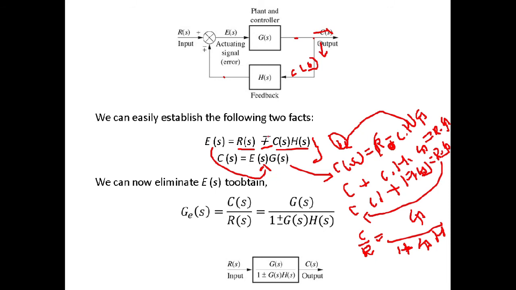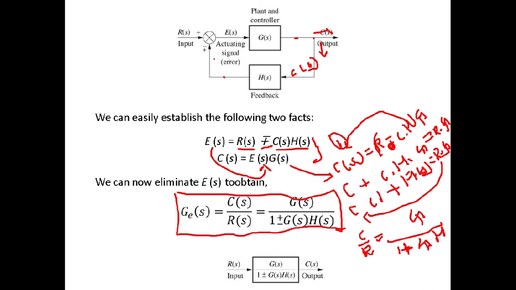So if the feedback is negative feedback, in that case the sign will be positive. If the feedback is positive feedback system, in that case sign will be negative. So this equation you have to keep in mind, that whenever a feedback kind of control system is there, you can see there is a forward direction and another one is feedback direction. So there is a difference between a parallel and a feedback.